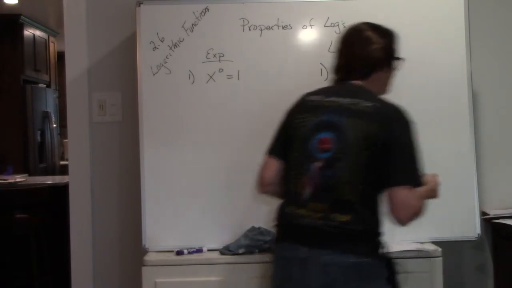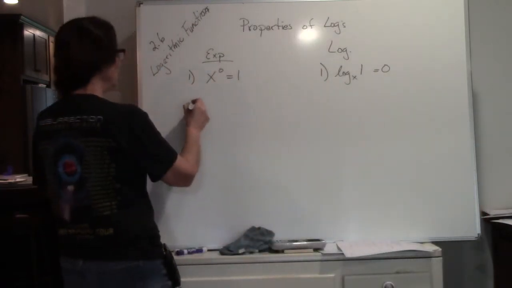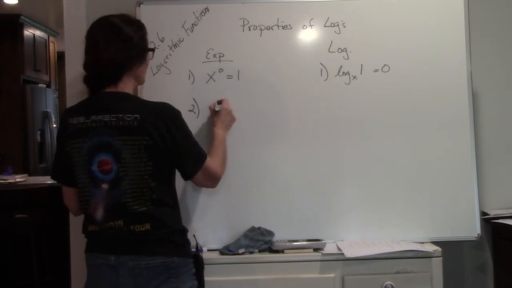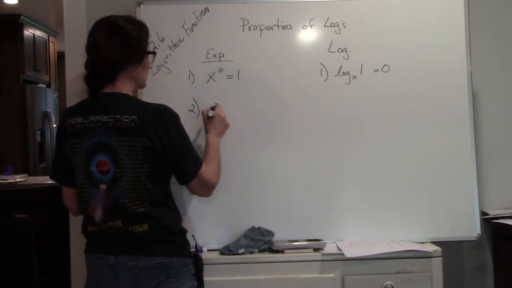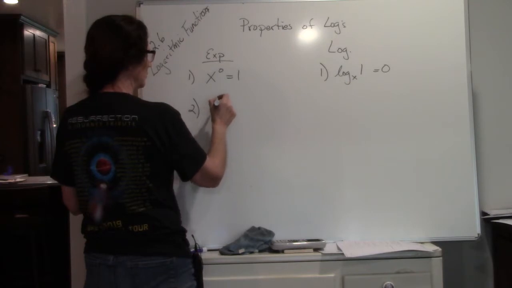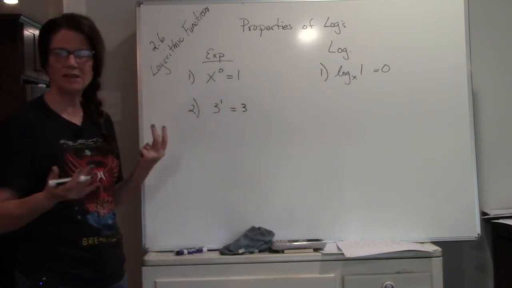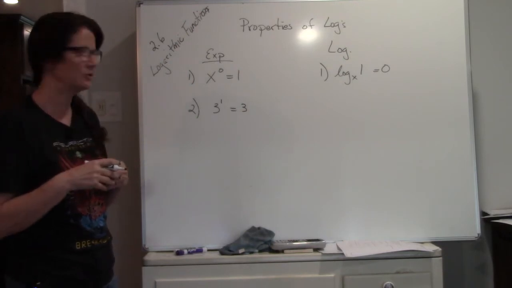The next one is, let's say you had 3 raised to the first power gives you 3. Makes sense, right? 3 raised to the first power is just 3.